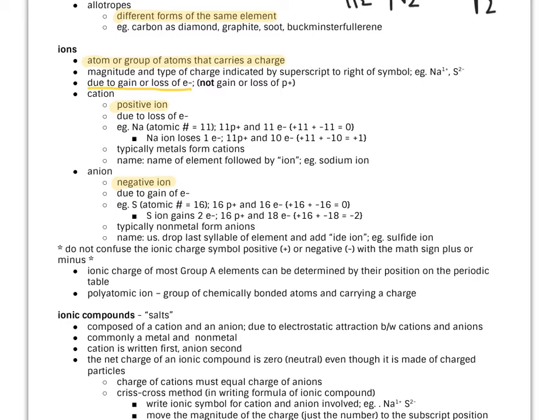If we go on over to group 13, the boron group, so boron, aluminum, gallium, those are going to form a +3 charge. They're going to lose 3 electrons, so write +3 at the top of group 13 or 3A.